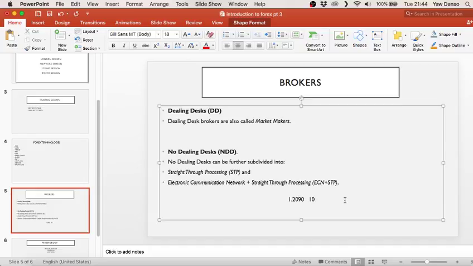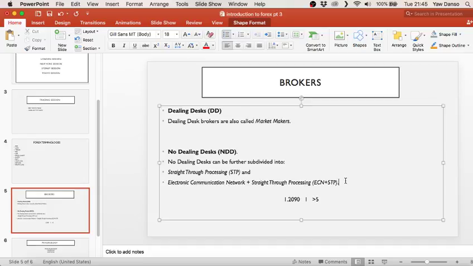If you buy 0.10, probably they'll charge you 20p. If you buy one standard lot, then they'll charge you about £5 to trade that lot.